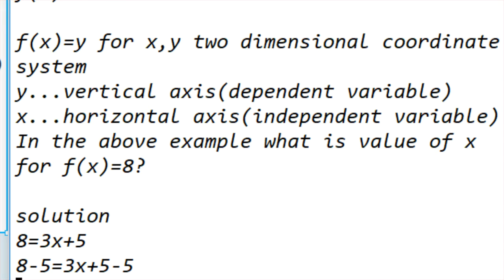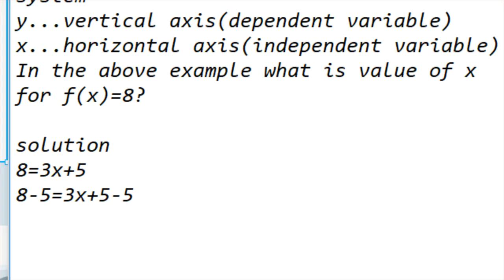Now the result here is 3. 8 minus 5 is 3, which equals 3x plus 0. This gives us 3 equals 3x.